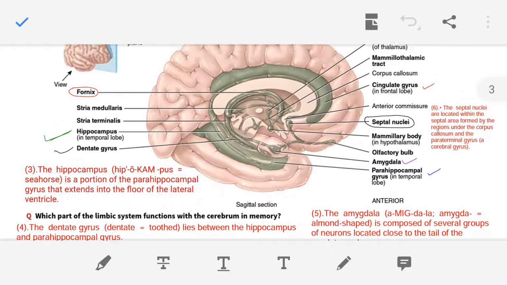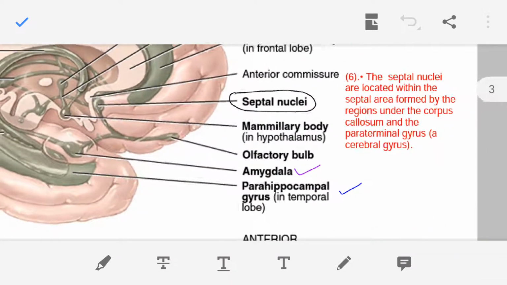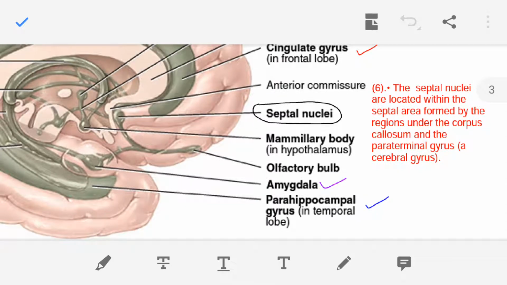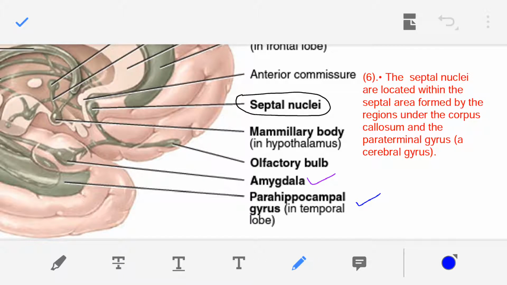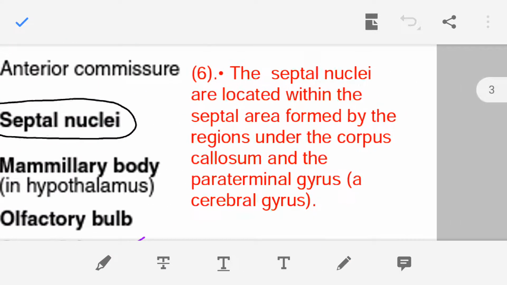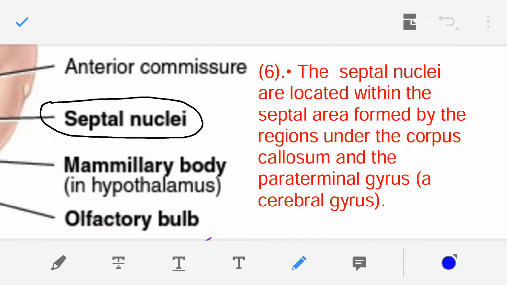Now the sixth point, septal nuclei. Here it is shown, this one is the septal nuclei. Septal nuclei are located within the septal area. Where is it present?